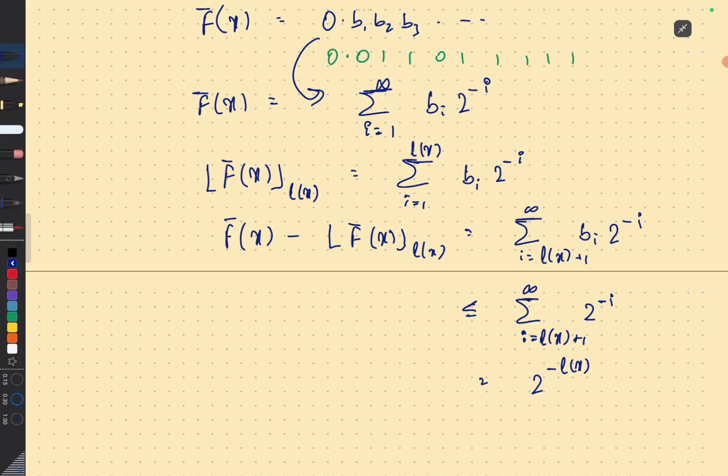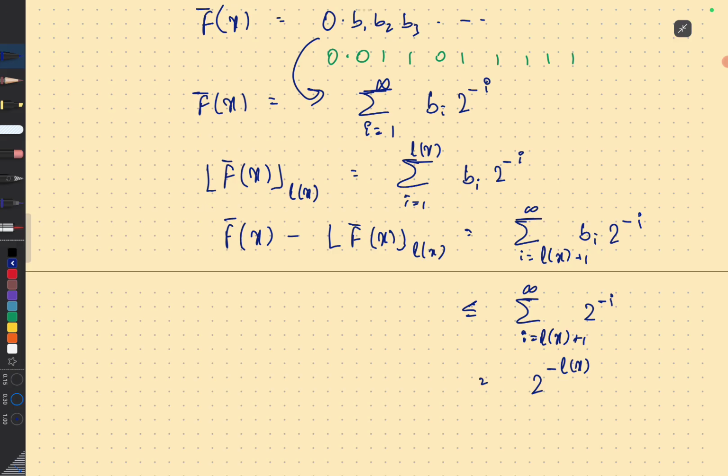So let's see. This quantity is greater than or equal to f bar of x prime truncated to L of x prime bits minus f bar of x truncated to L of x. So this is greater than or equal to the same with f bar of x, just from the fact that this quantity is less than or equal to this particular quantity, so the negative is greater than or equal to this.